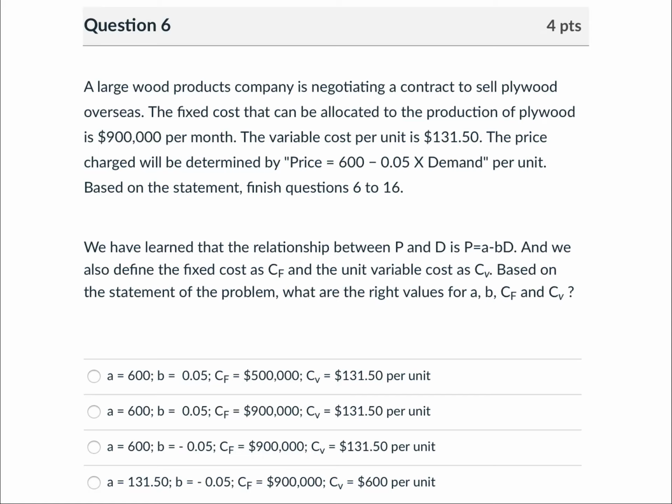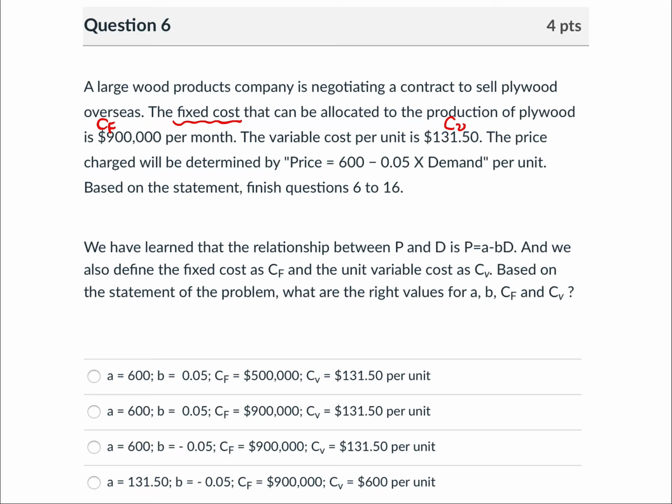A large wood products company is negotiating a contract to sell plywood overseas. The fixed cost that can be allocated to the production of plywood is 900,000 per month. So that's the fixed cost, C capital F. The variable cost per unit is 131.5.